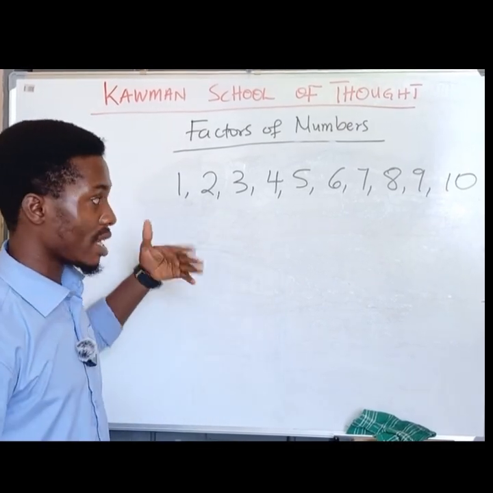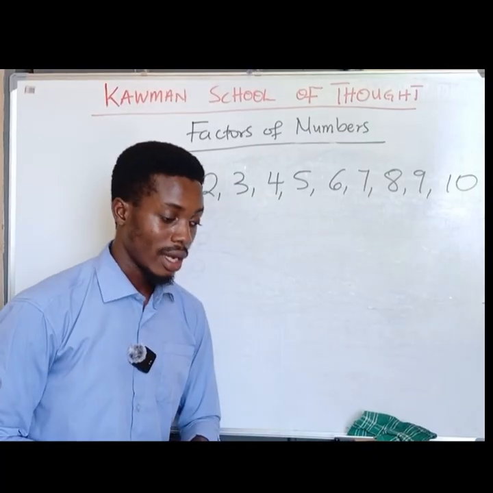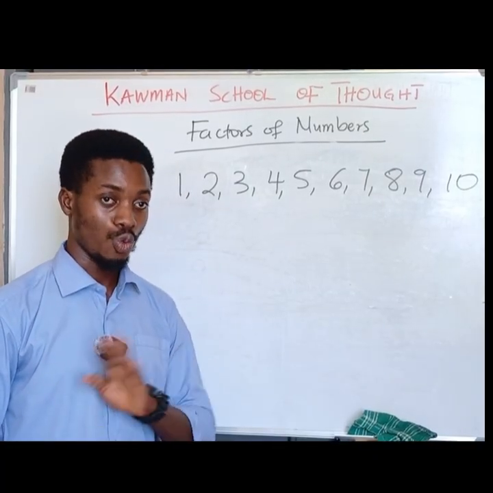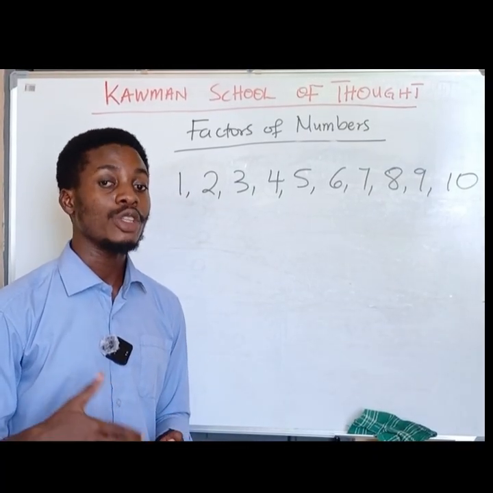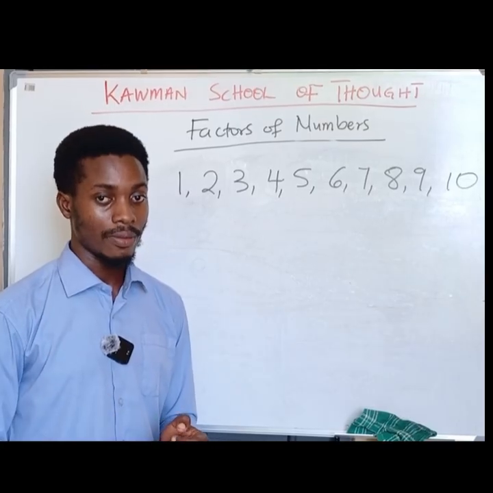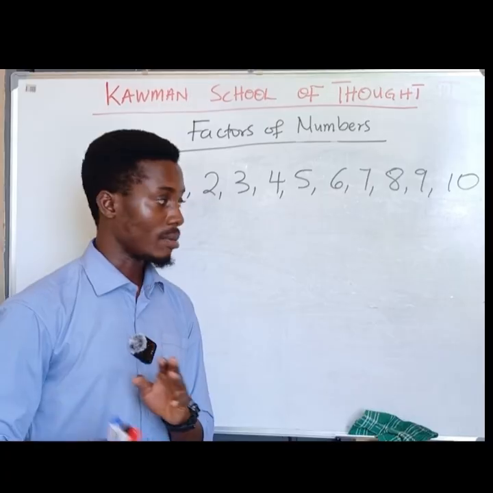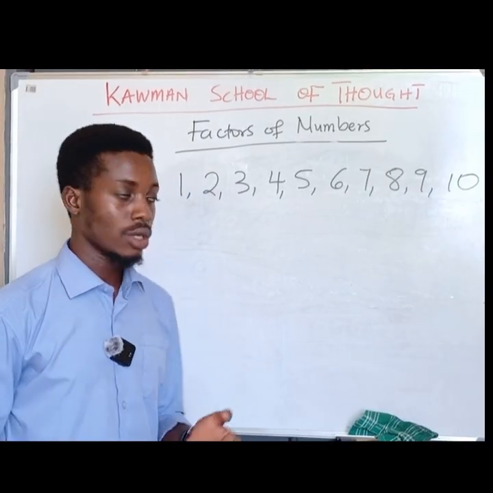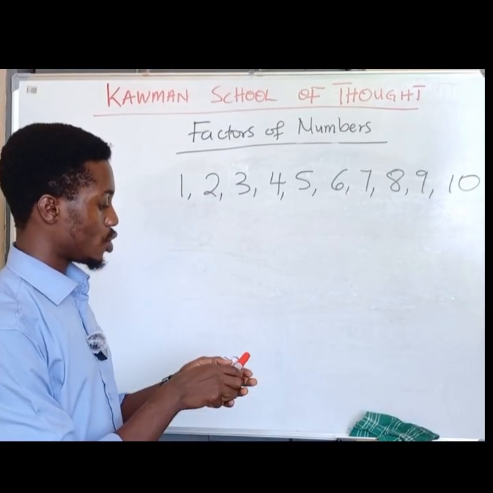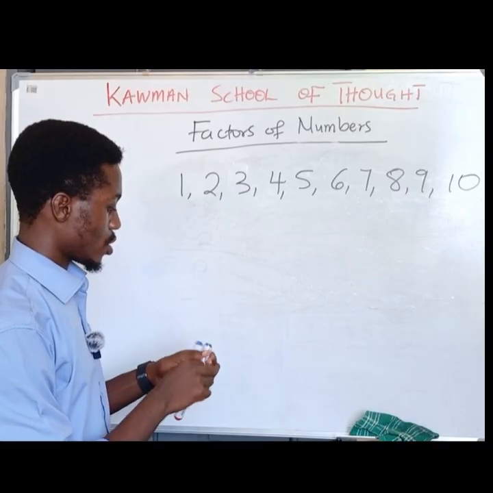So we have even numbers. Even numbers are numbers which are divided by 2 without any remainder. Any number you divide by 2 and there's no remainder, that number is even. Then what's an odd number? So let me give you an example of an even number. So examples of even numbers include 2. These 2 you are seeing here. So even numbers.